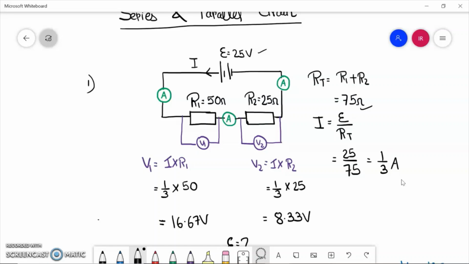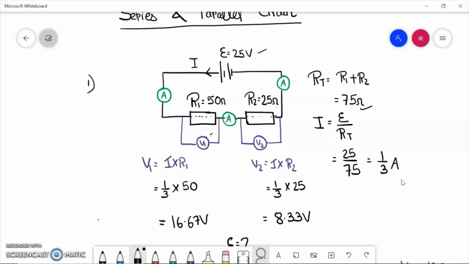Once we are done with the total current, we can find individual voltages. I again repeat, the current through each resistor remains the same in a series circuit. It's not that one of them will get less current and the other one will get more. If there were more resistors, all of them would have the same current flowing through them.